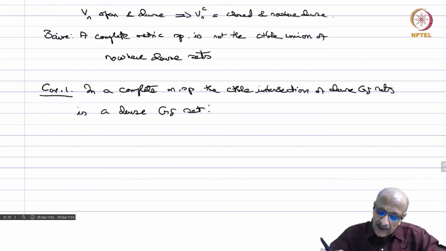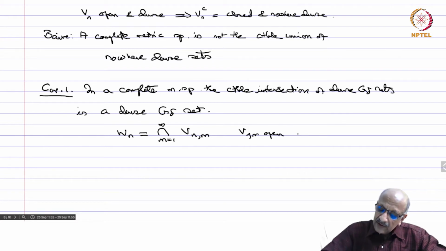So we have W_n dense G delta, which means W_n is the intersection over m equals 1 to infinity of V_nm. Okay, so the V_nm are open, and since W_n is dense, these are also dense.